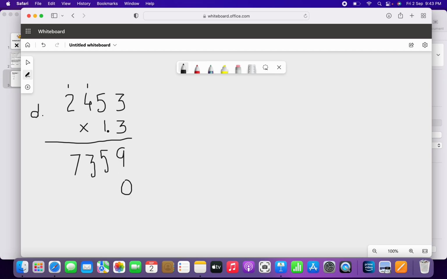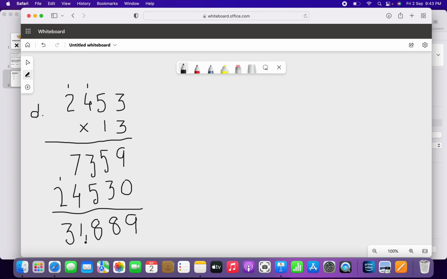1 times 3 is 3. 1 times 5 is 5. 1 times 4 is 4. 1 times 2 is 2. So the answer is what? 9 plus 0 is 9. 3 plus 5 is 8. 5 plus 3 is again 8. 4 plus 7 is 11. 2 plus 1 is 3.